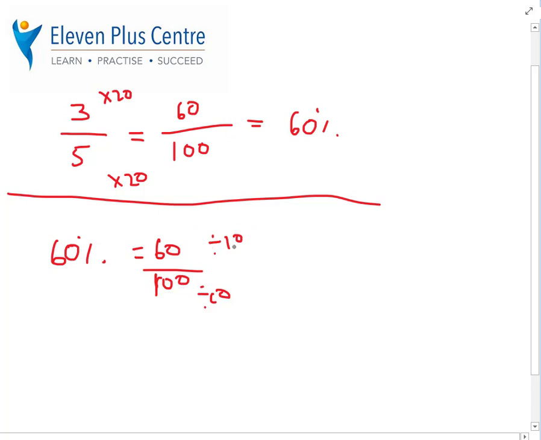So 60 divided by 10 is 6, and 100 divided by 10 is 10. This is a simpler form, but I can make it even more simple. I can divide top and bottom by 2, because 6 divided by 2 is 3, and 10 divided by 2 is 5. And that's the fraction that we started off with. We just went in the other direction.